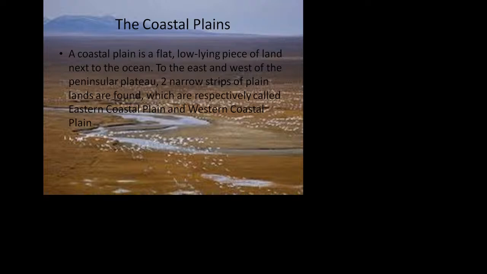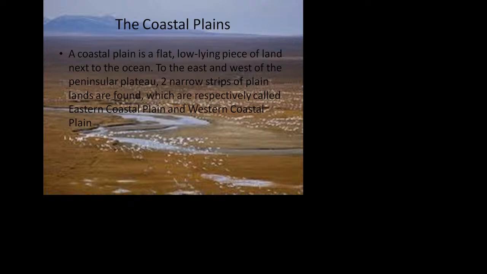These plains are referred to as eastern and western coastal plains. Stretching from Kerala to Gujarat is the western coastal plain, which is rather narrow except for the Gujarat part.